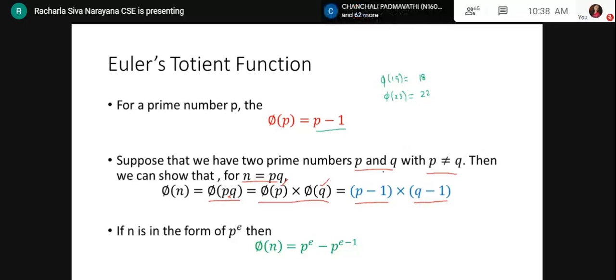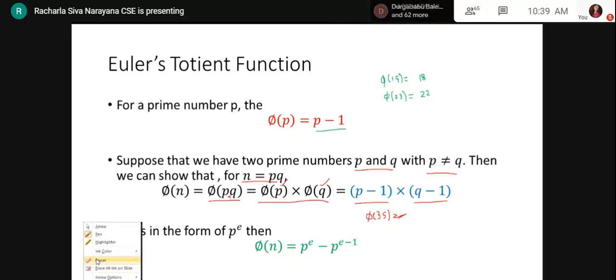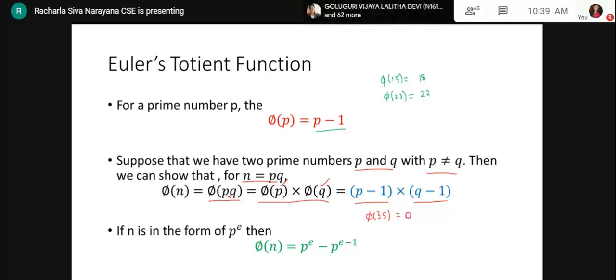So for example, phi of 35. 35 is not a prime number, but it is a multiple of prime numbers: 5 into 7, which is 35.